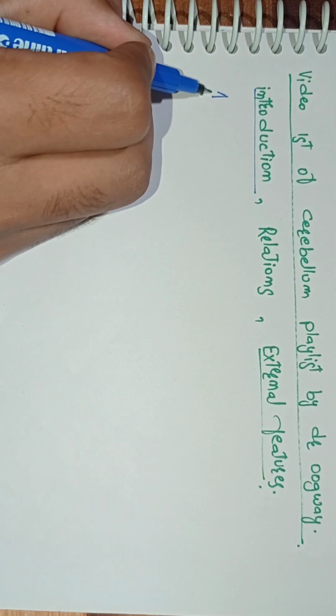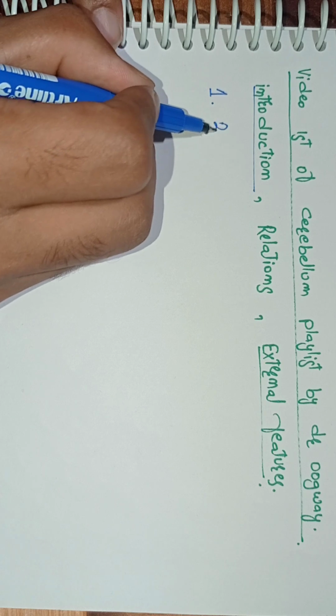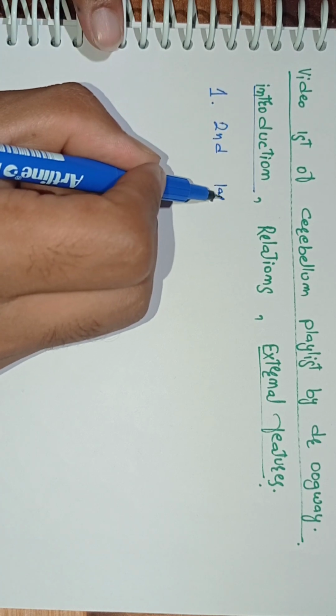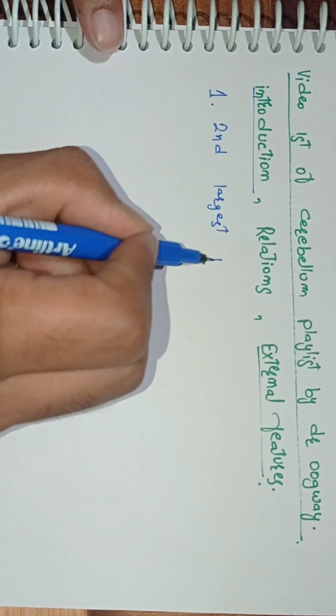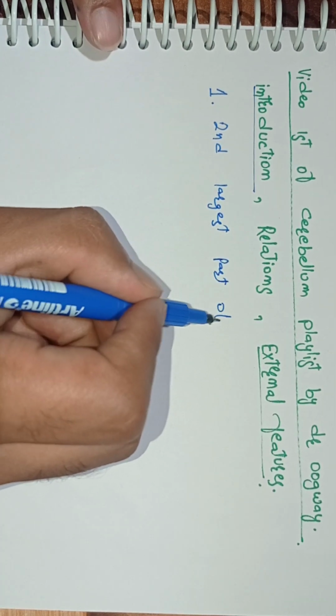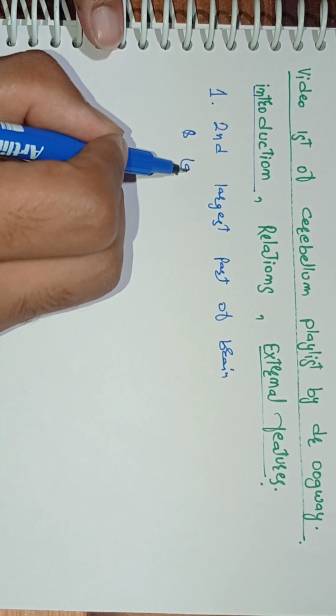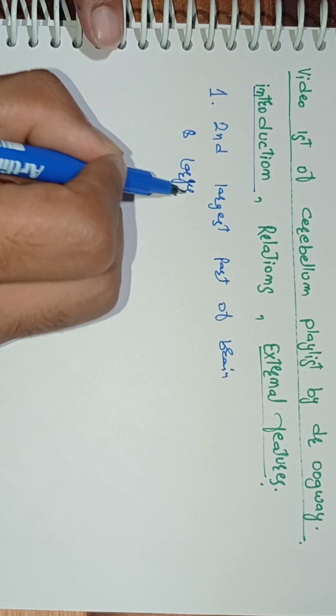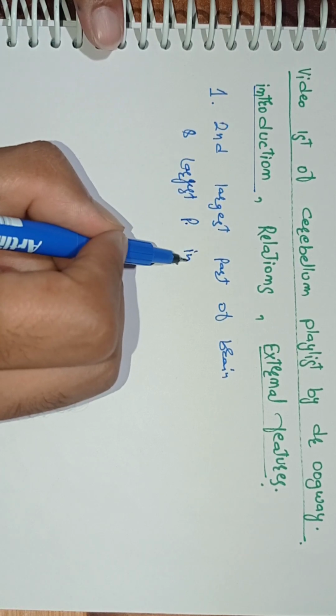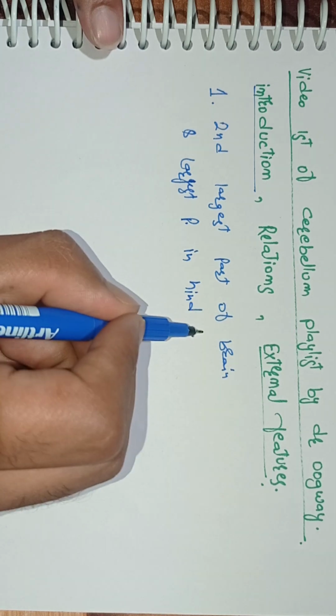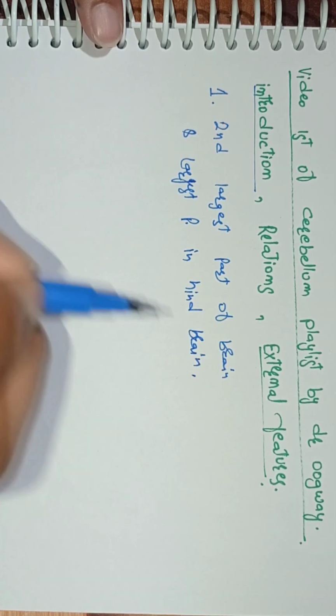Number first point in the cerebellum, it is the second largest part of brain, and largest part in hindbrain. So this is the number first point in the introduction.